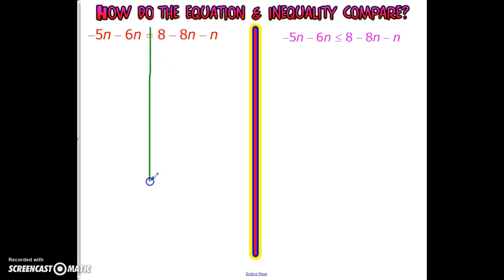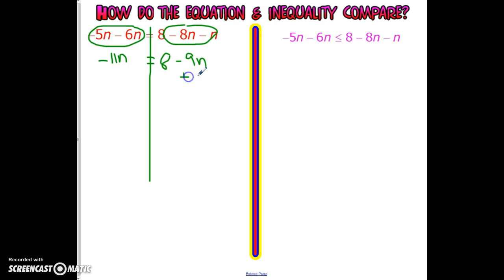So we're going to draw our line through our equal sign. We need to combine like terms here and here. So we'll have negative 11n equals 8 minus 9n.